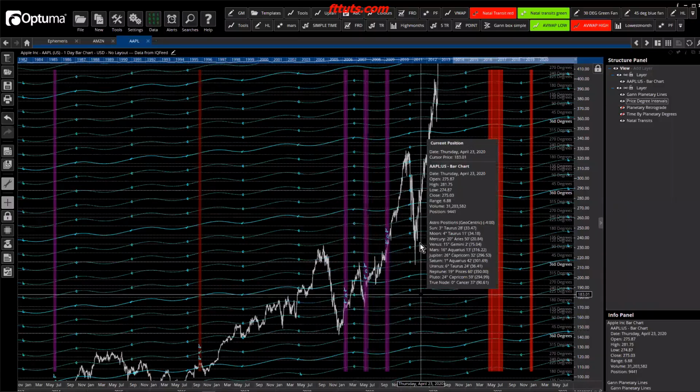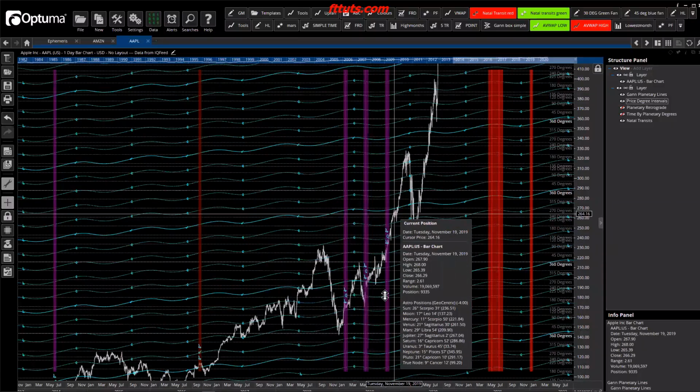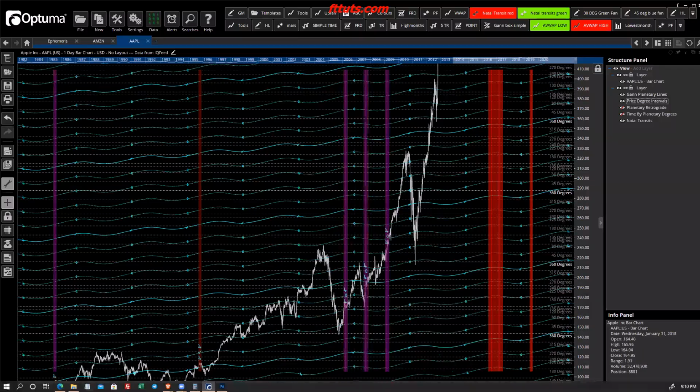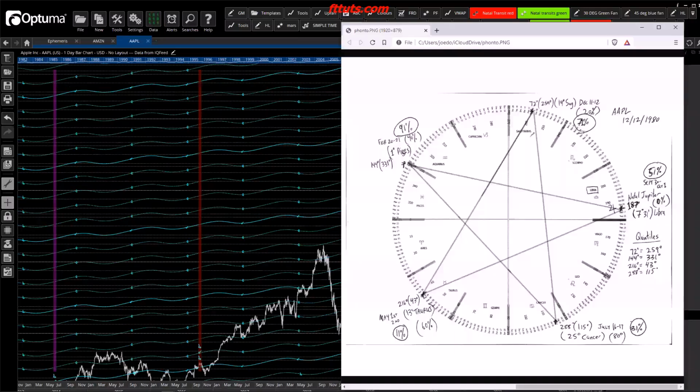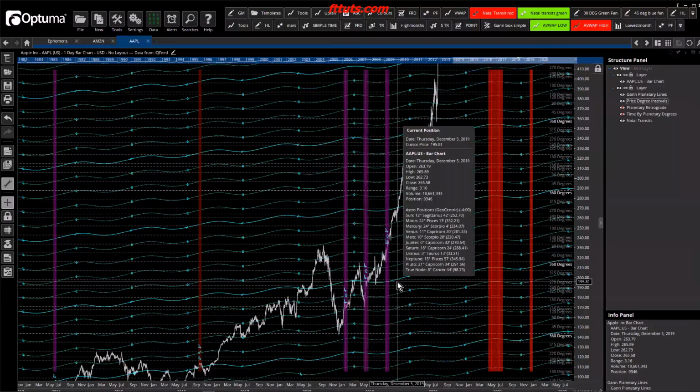And look for quintiles, the actual 72 degree harmonic. This one here, the one from our chart. Let's pull that up there. This one right here. Look for this one to be a trigger for large movements.